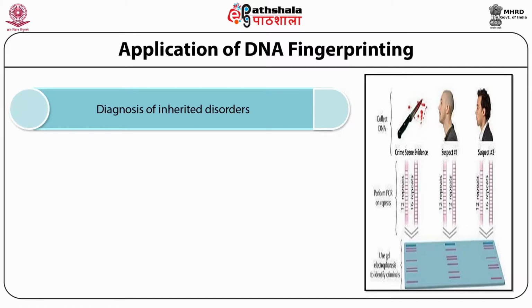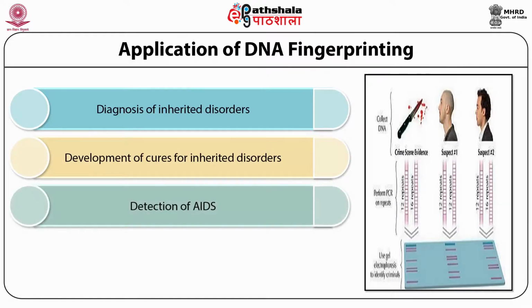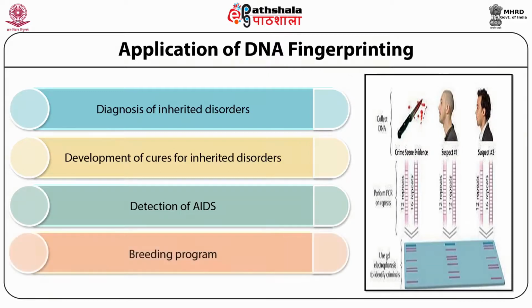The other applications include development of cures for inherited disorders, detection of AIDS by comparing the bands of HIV RNA with the bands of individual DNA isolated from a blood sample, and DNA fingerprinting can also be used in breeding programs. It permits us to determine the genotype or genome of the individual.